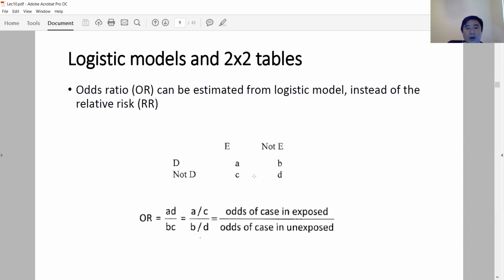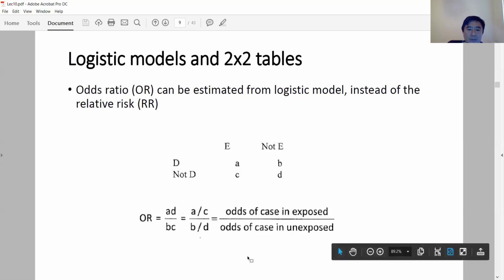For example, the columns represent the exposure status, exposure versus no exposure, and the rows indicate the disease status, disease versus no disease. So in each cell, A, B, C, and D is the number of observations in that situation. For example, A is the number of study participants who have disease and are exposed to that exposure variable. And B is the number of disease not exposed, etc.